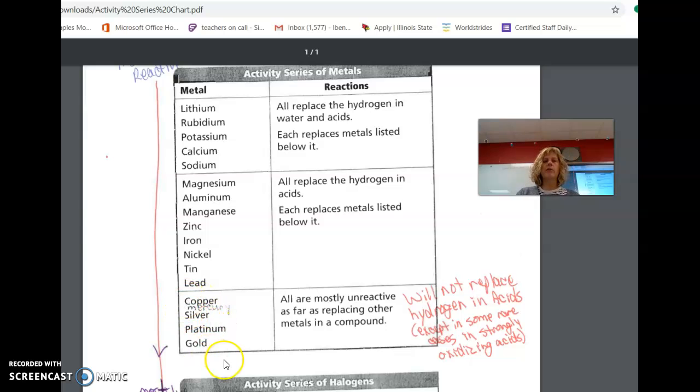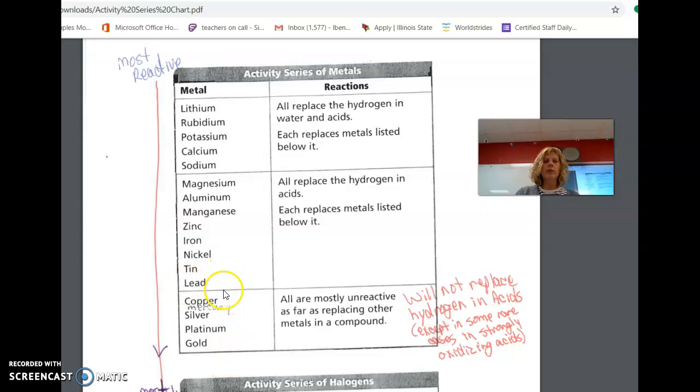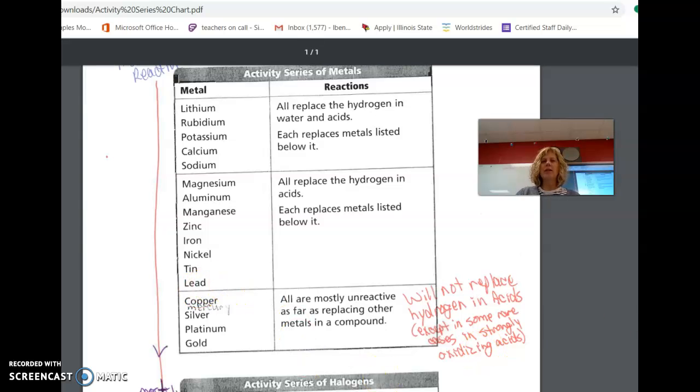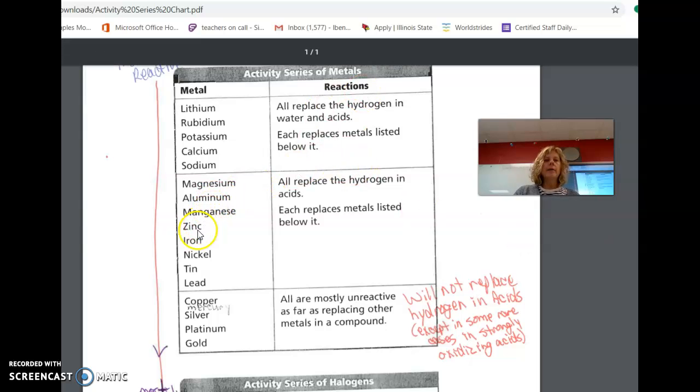It's also why we use copper for plumbing. We used to use lead, but we know better than that now. That's also not very reactive with components that might be in the water. Anyway, so I had zinc replacing copper on that compound, because zinc is more reactive than copper.